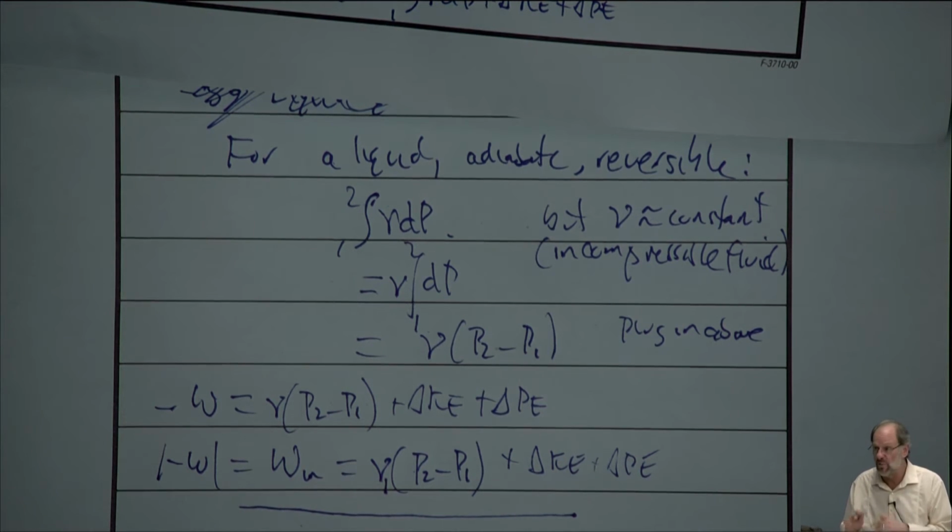Now, frankly, there's only one single device that does this, and that would be a pump. Turbines move vapors, two-phase mixtures. Compressors move vapors or two-phase mixtures. Some turbines might actually move liquid, like hydraulic turbines. But where this is going to be the most useful to us is for the analysis of pumps.